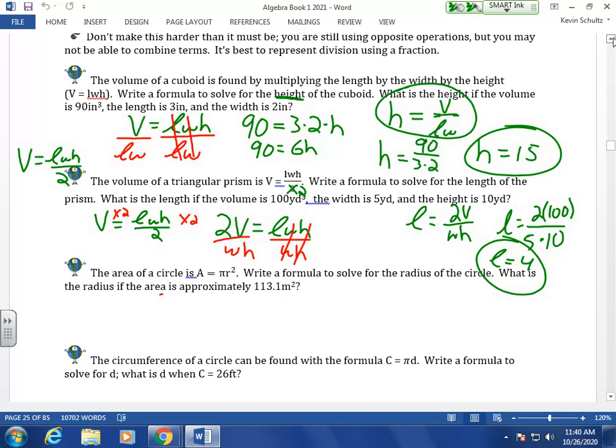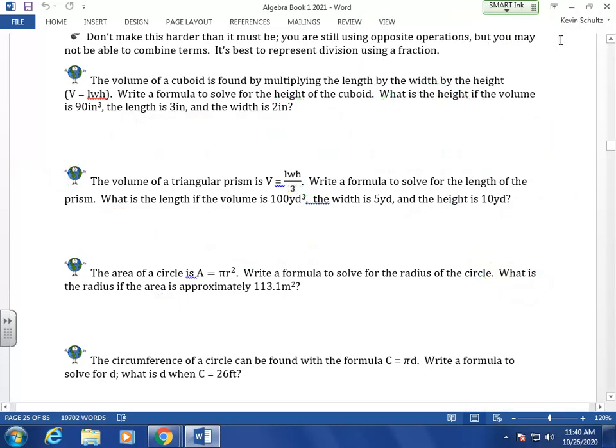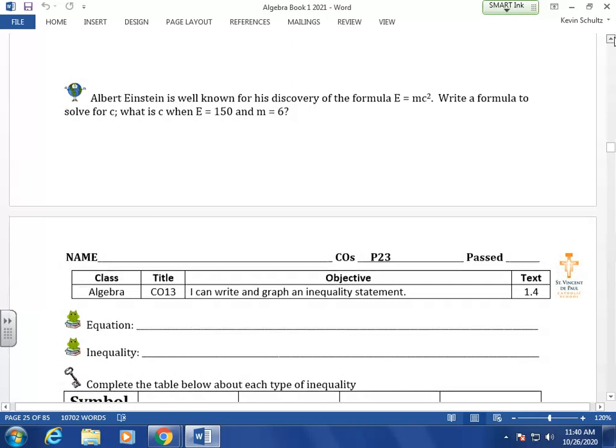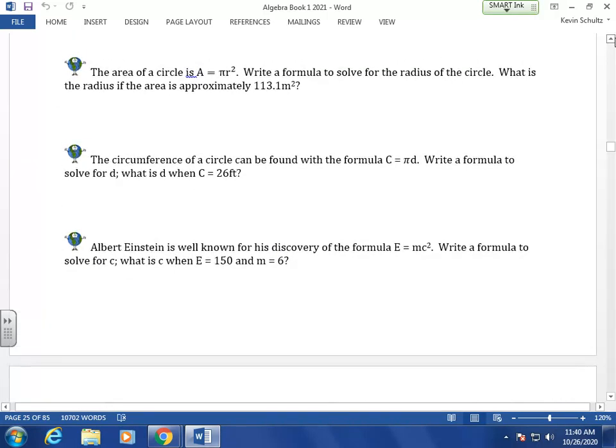All right. Next one, the area of a circle. The area of a circle is pi times the radius squared. We've dealt with this many times in our math packets thus far. And we want to write a formula to solve for the radius of the circle, meaning we want to get r by itself.